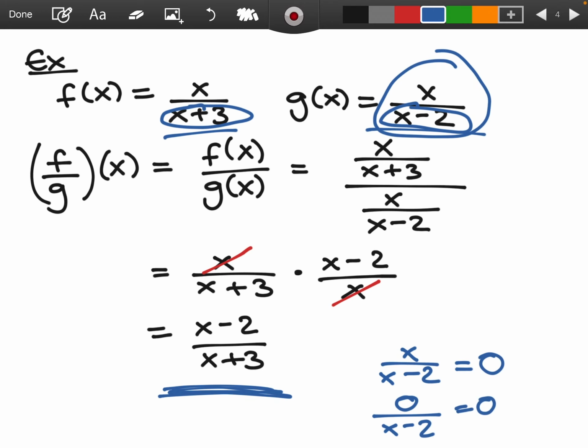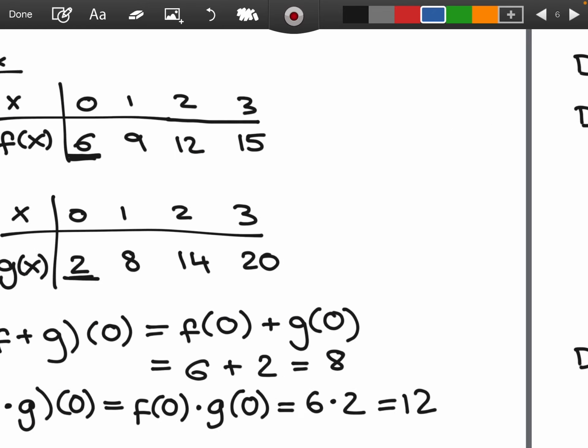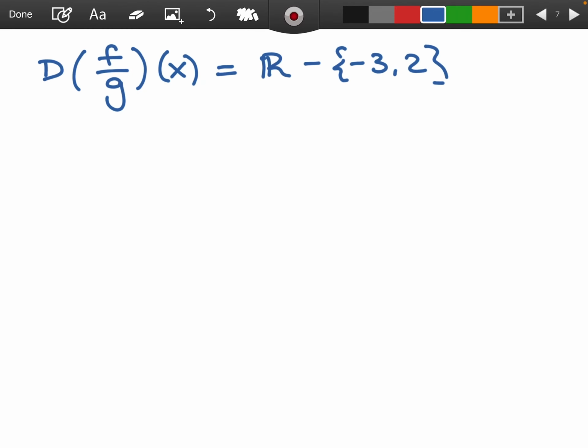So all you have to do whenever you set a fraction equal to 0, just look at where the numerator equals 0. That will make the whole fraction equal to 0. In this case, our numerator is just x, so that tells me x equal to 0 will make my whole fraction 0. So in my definition of my domain, I also have to take out the value 0, because that is where g of x is equal to 0.